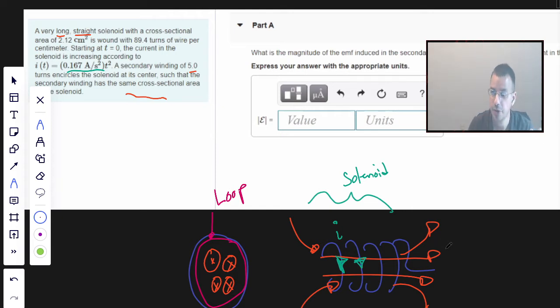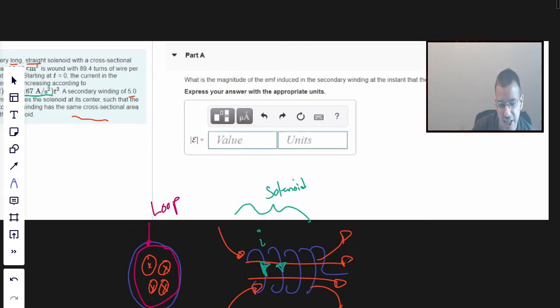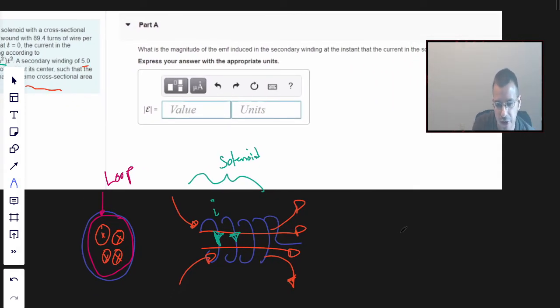Okay, so now we're just going to start doing some math and see where this goes. Whenever we see EMF, we think Faraday's law. So that's supposed to be an epsilon. Epsilon equals negative d flux dt.